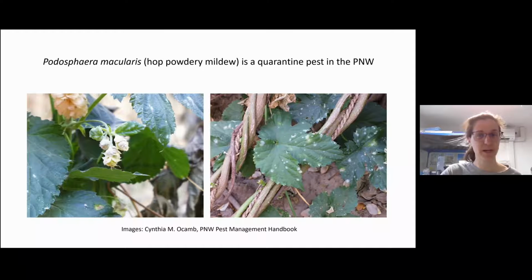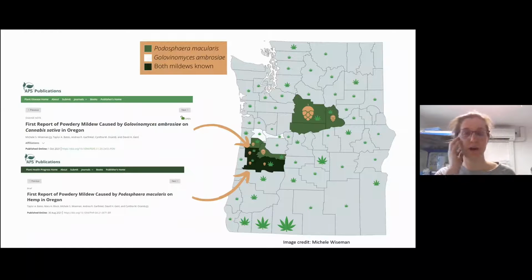So what we did, quickly before I go there, we have here an image of Washington and Oregon. This is just sort of showing what we knew prior to any of the surveys that were being conducted. So these are county maps of Washington and Oregon, and in the colored counties, we have different species of powdery mildews that had been reported previously.